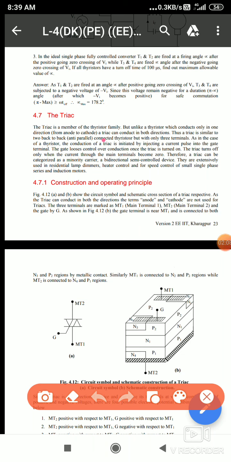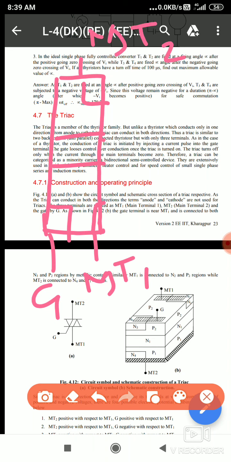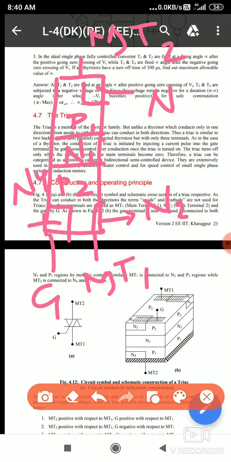I already told you that the triac is a combination of two SCRs with the three terminals: gate, MT1, MT2, P1, N1, P2, this is N2, this is N4, this one is N3.